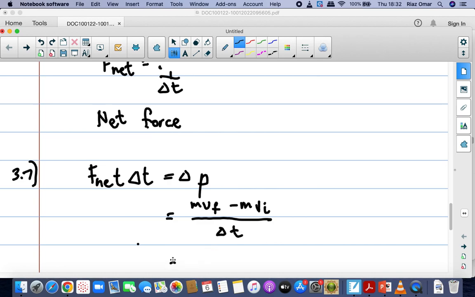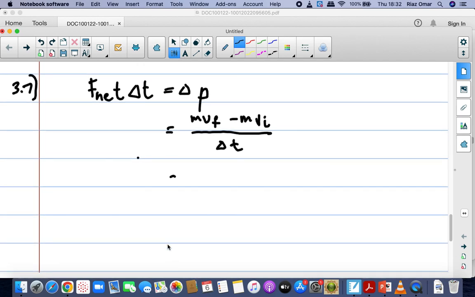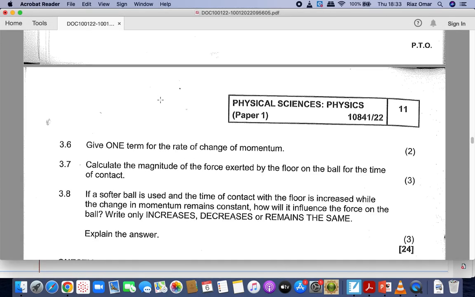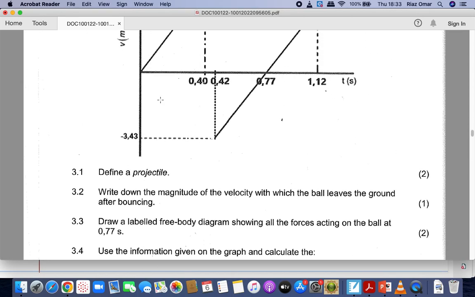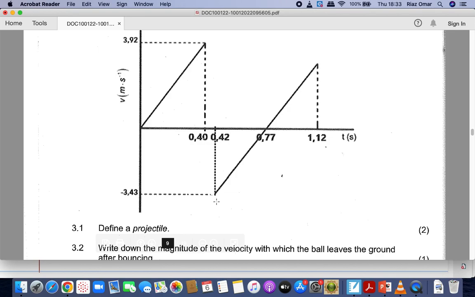If you take it further, let's work out our mass and velocities. Looking at the graph, your mass is 0,05 and your final velocity is the velocity at which it leaves the floor, which is minus 3,43.